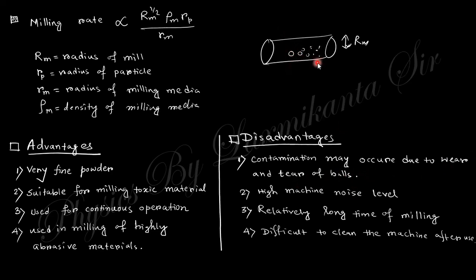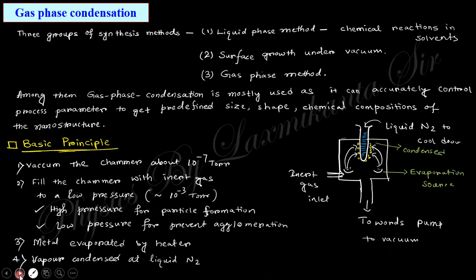The balls within this cylinder can wear and tear, which may cause contamination. Also there is a high machine noise level, relatively long milling time, and difficulty cleaning the machine after use. So these are the disadvantages, and those were the advantages of the ball milling method.